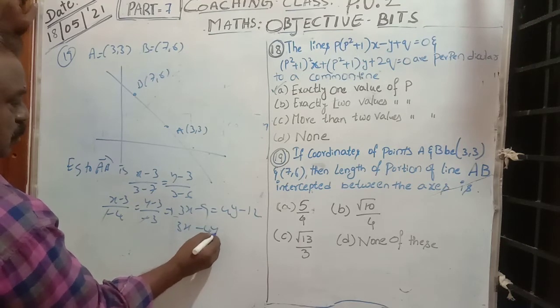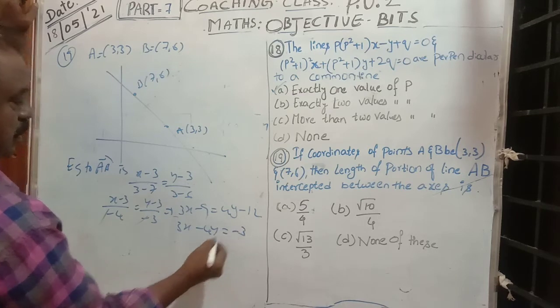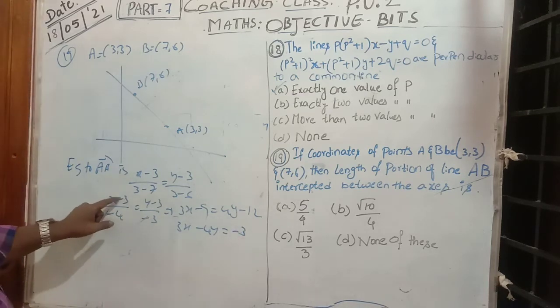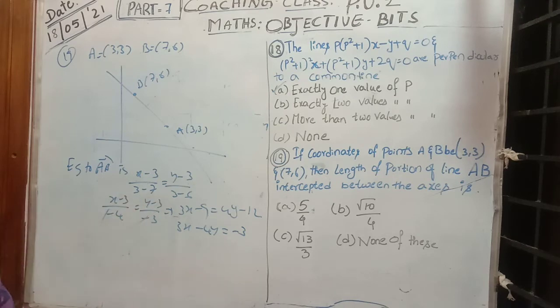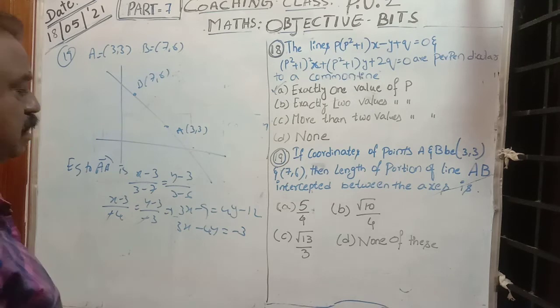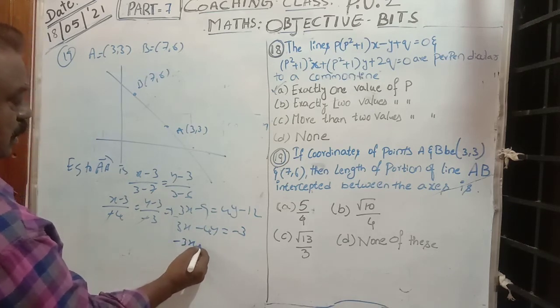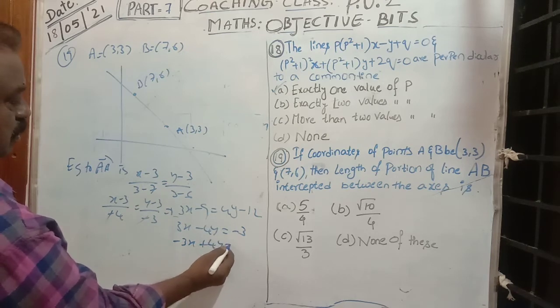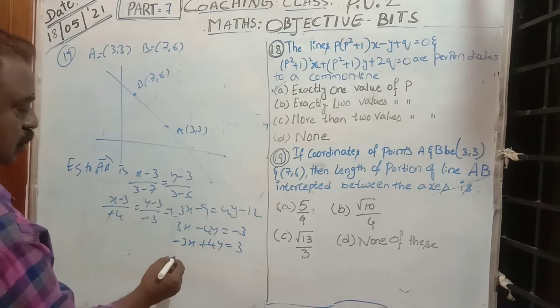So 3x minus 4y is equal to minus 3. Will you agree? Or minus 3x plus 4y is equal to 3, taking minus on both sides.